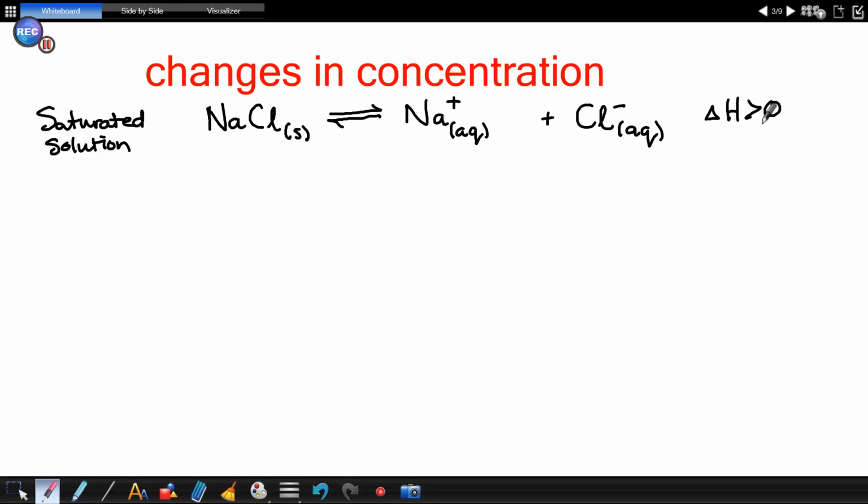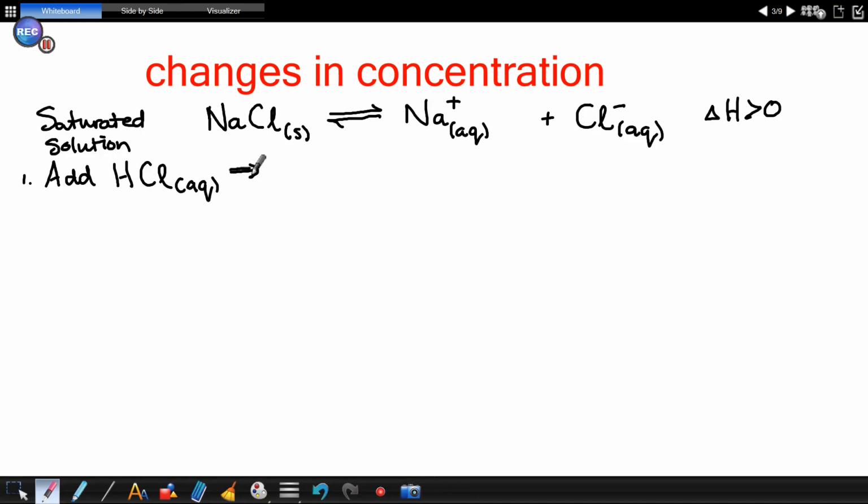Okay. So I want us to look at changes in concentration. This morning we started talking about it. Our situation was you add hydrochloric acid. Now hydrochloric acid solution has chloride ions in it.